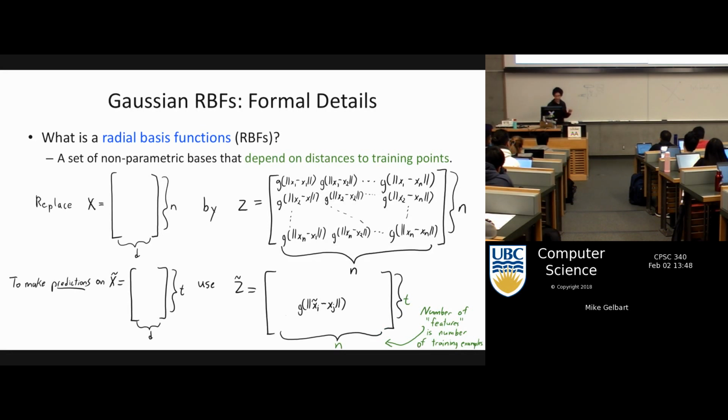But here's something I do need to say. Very important thing. I just said when I make predictions, I need to do the same process on my test data as I did on my training data. So to make these n features on a test example, I have to compute the distances between my test vector and all my n training points.